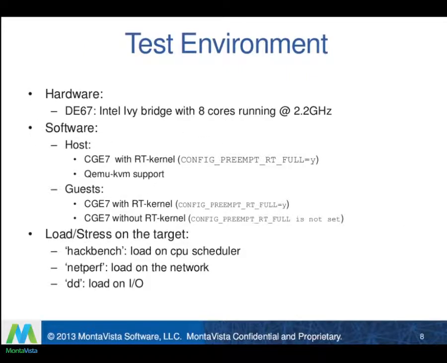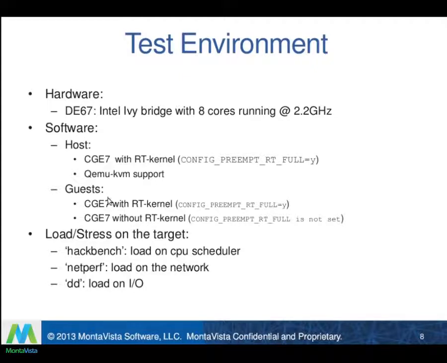Okay, so what is the environment we are using? Basically we use an Ivy Bridge 8-core target running at 2.2 GHz. We use a host and guest architecture so that we can simultaneously measure the RT latencies for both CG7 running with the RT kernel and CG7 running without the RT kernel.